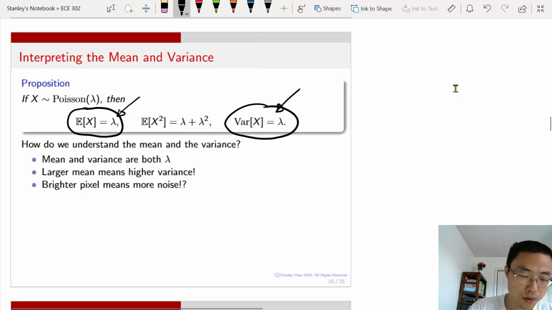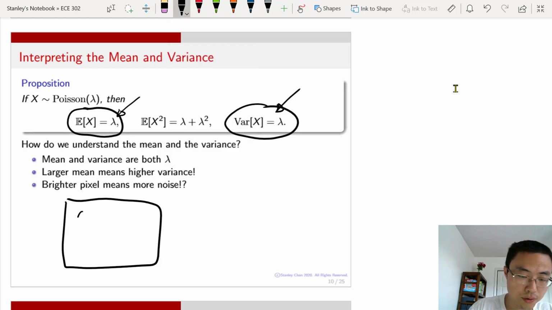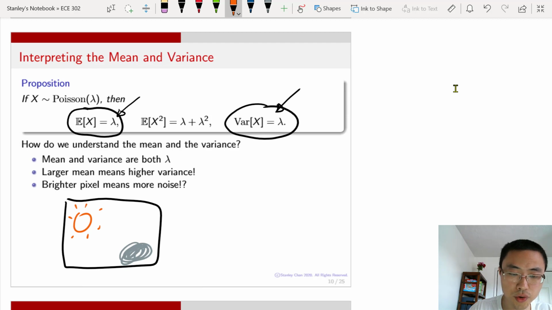Well, you have a region, right? So here you have a sun, which is very, very bright, and then here you have a rock, a stone, which is very, very dark.